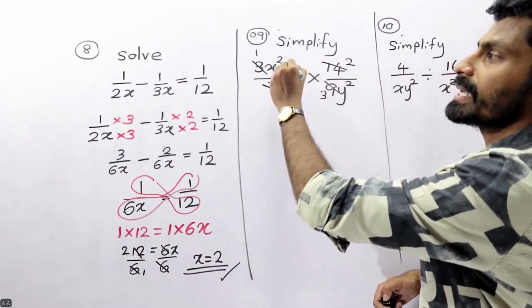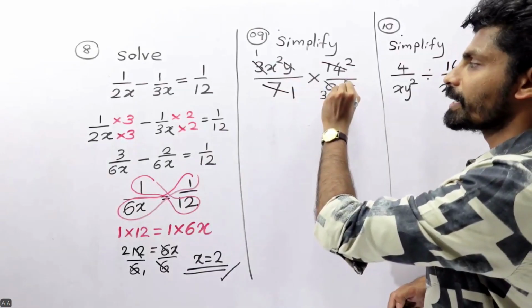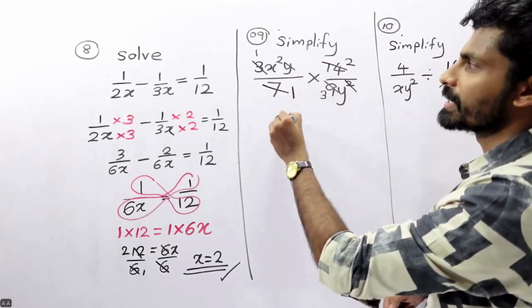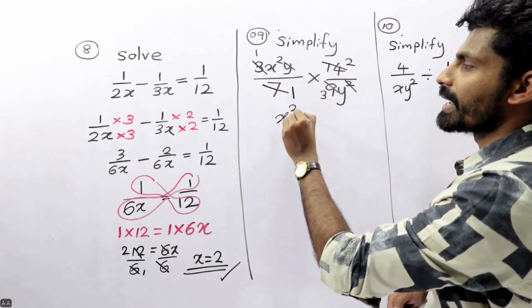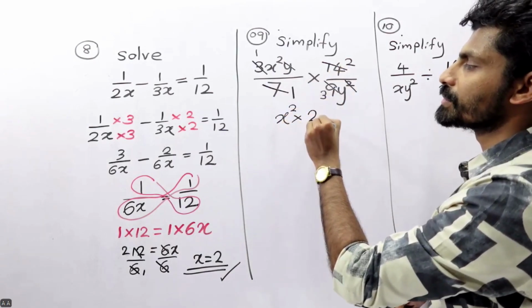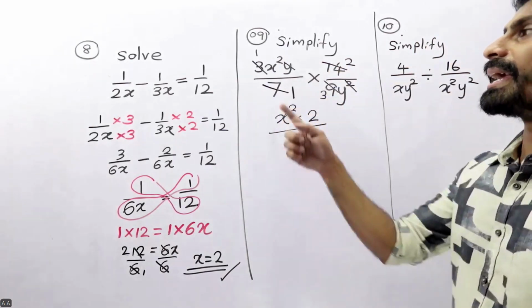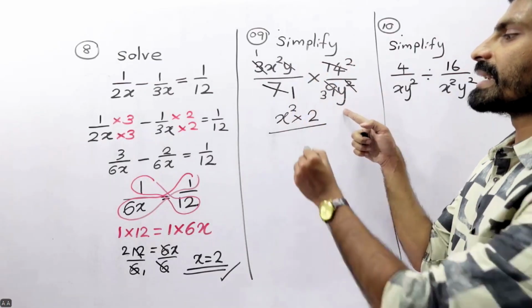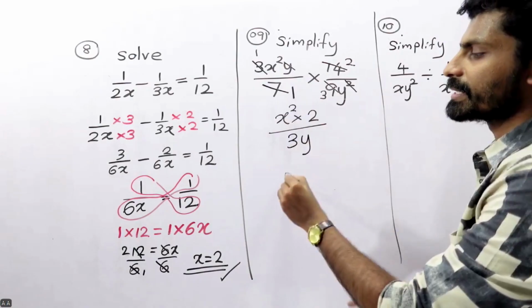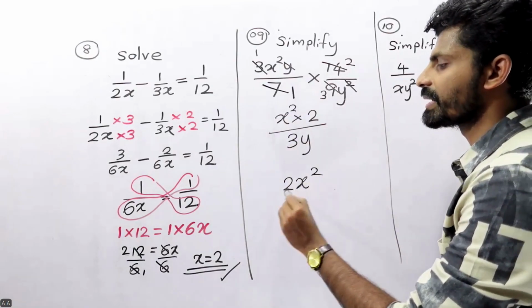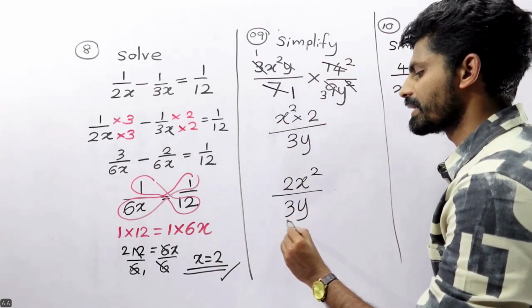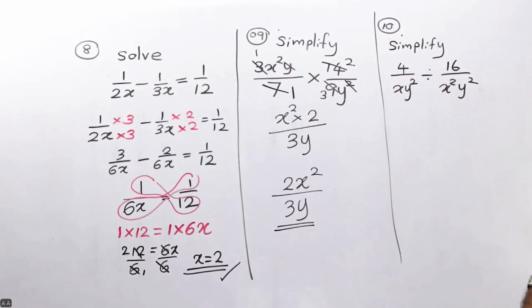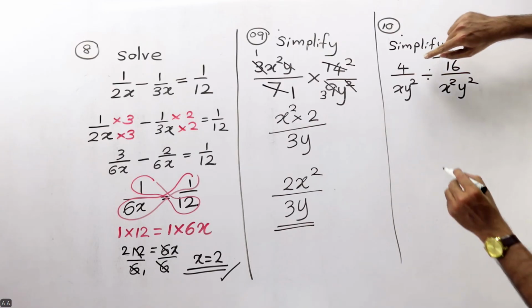So that means y divided by y and y to the power 2 then cancelled out. So x squared multiplied by 2 over 3y. So that means 2x squared divided by 3y.